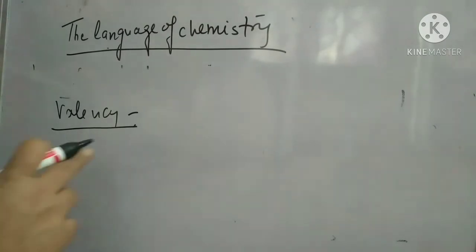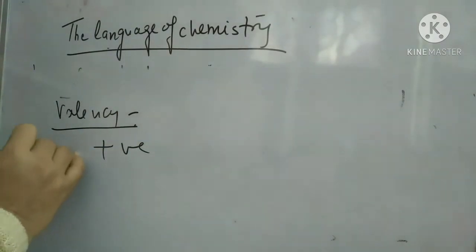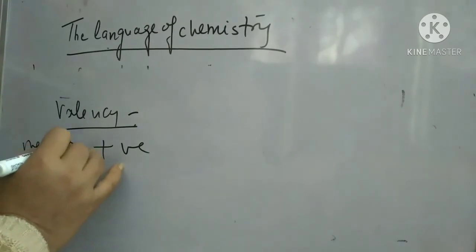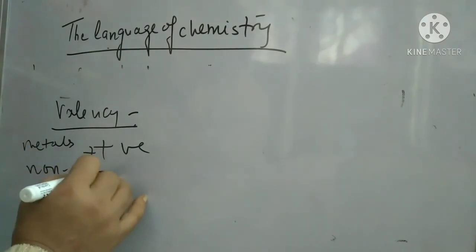The valency of all metals and hydrogen is considered positive, and the valency of non-metals is taken as negative.